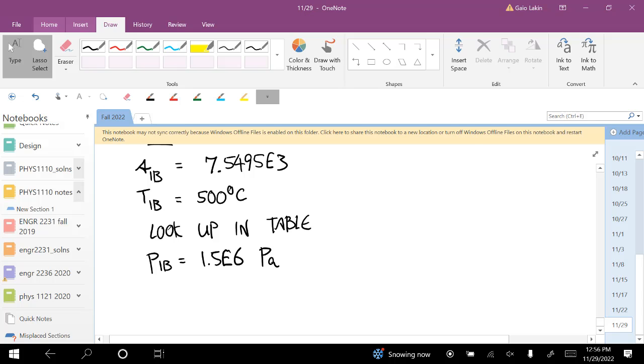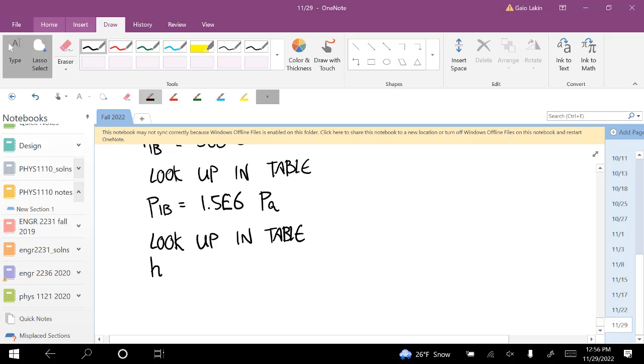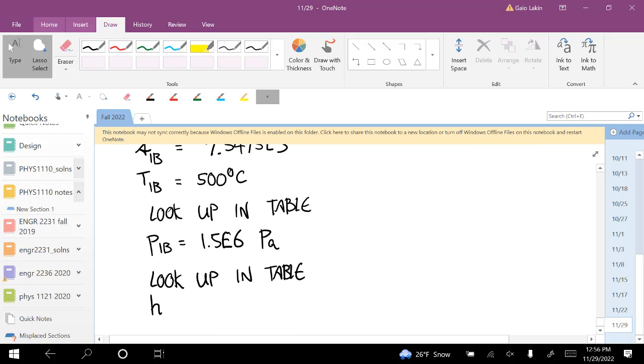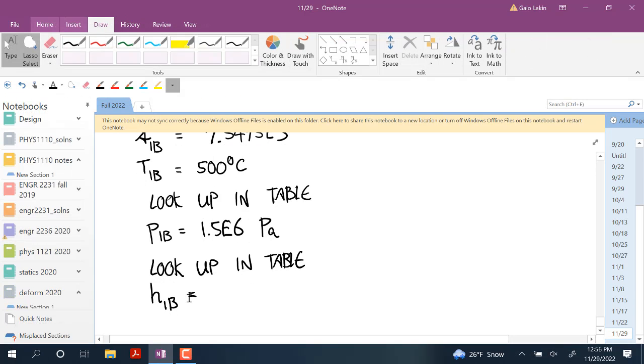And so now you can look up the enthalpy there. So H1B is equal to, does anyone have a table with them? You guys? Okay. 1.5 megapascals.